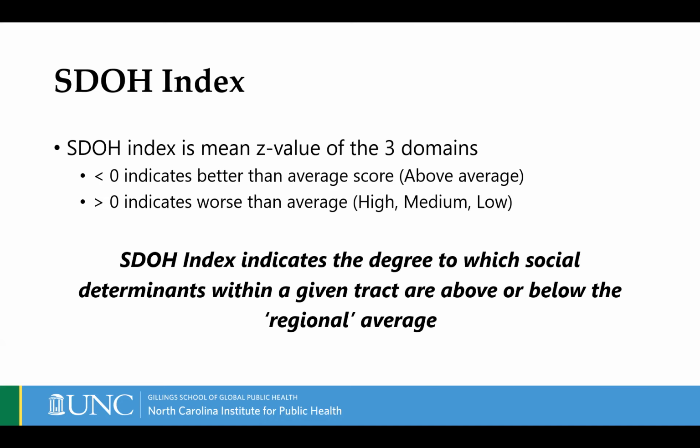Tracts with a high SDOH index score are tracts experiencing the greatest SDOH disparities in the region, high poverty and high housing costs, for example. So the SDOH index indicates the degree to which the social determinants of health in a given tract are above or below that region average.